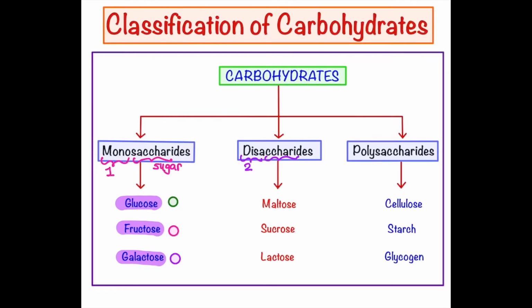When two monosaccharides join, only then can they form a disaccharide. The examples of disaccharides are maltose, sucrose and lactose. As these three are made up of monosaccharides, we have to remember which two monosaccharides join up to form each disaccharide.